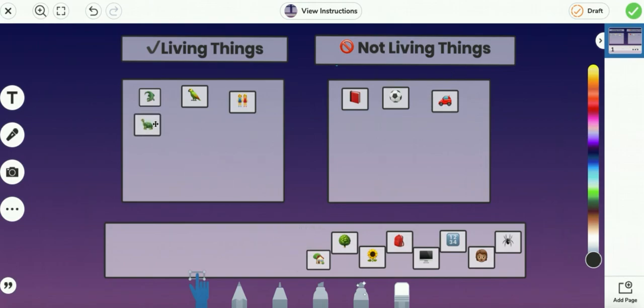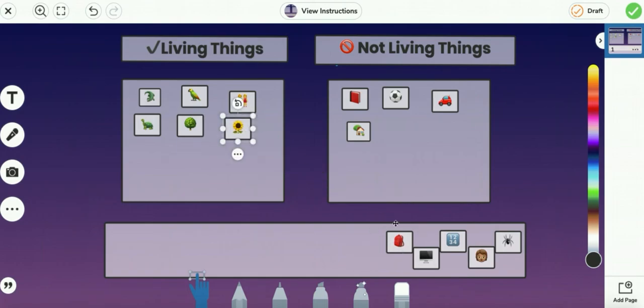Living. What about a house? Non-living. A tree? Yes, a tree is living. It needs water to grow and sunlight and air. What about a sunflower? Yes, a plant is a living thing. A backpack?